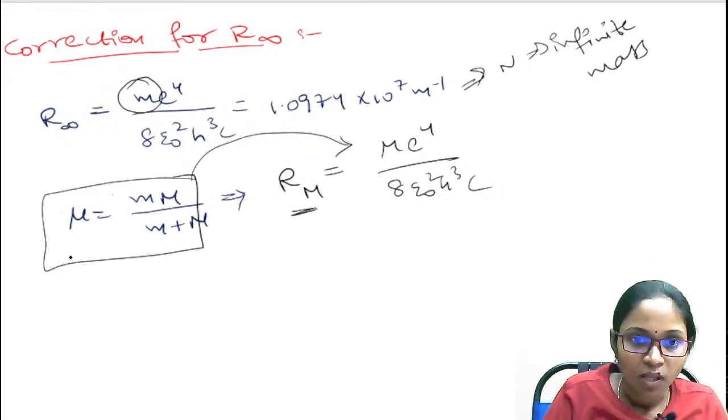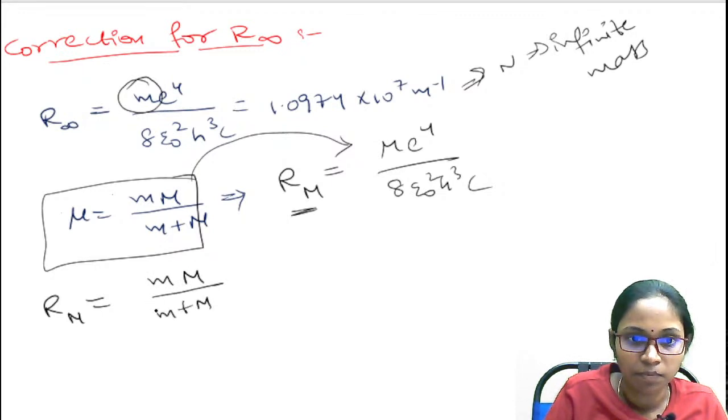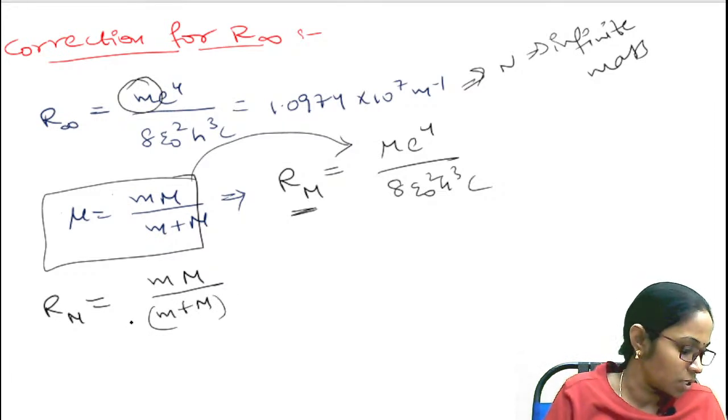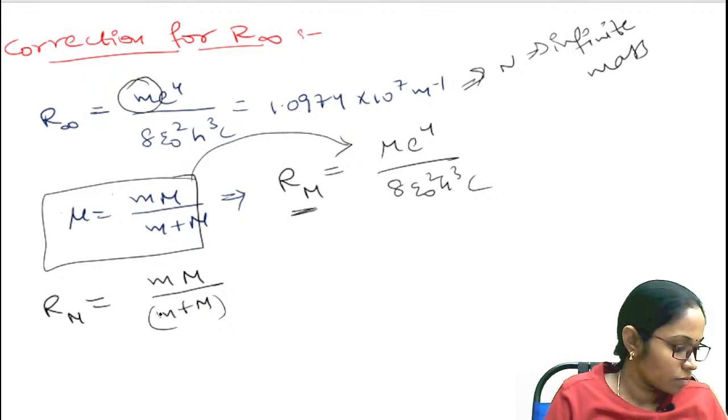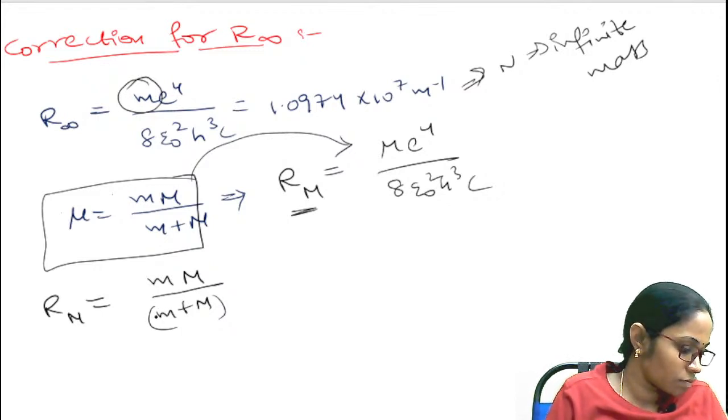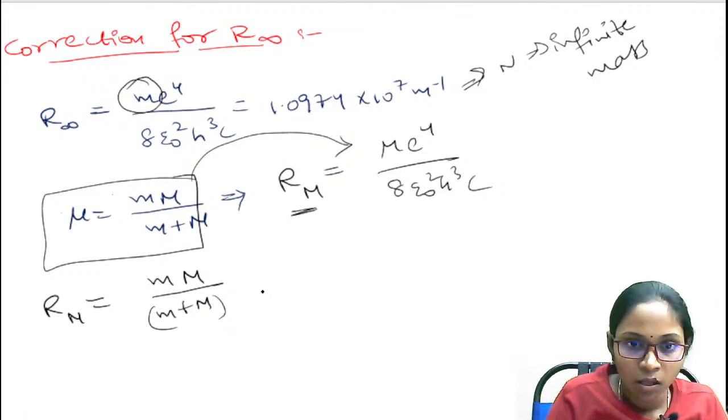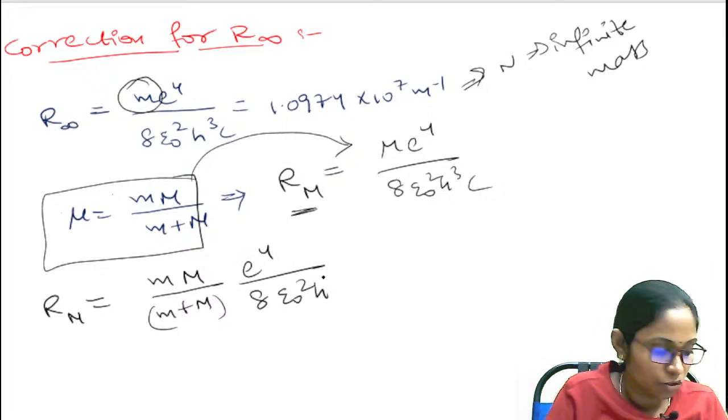Therefore this R_M, the Rydberg constant for reduced mass, will be equal to m capital M by m plus capital M, into e power 4 by 8 epsilon naught square h cube c.